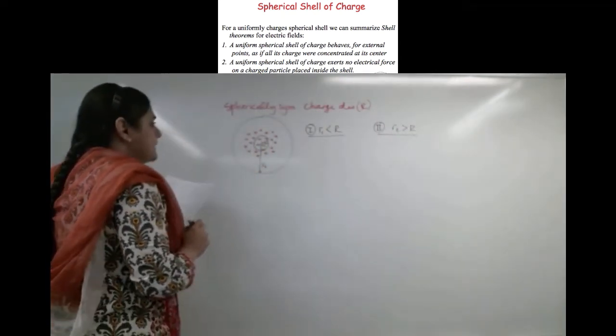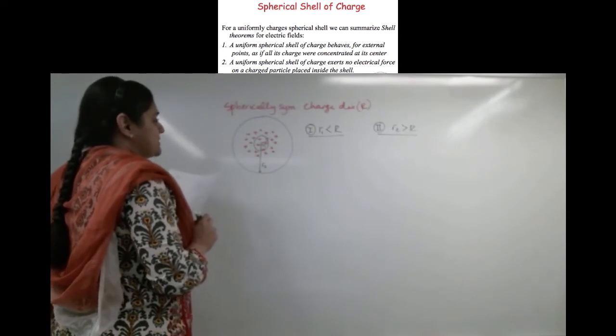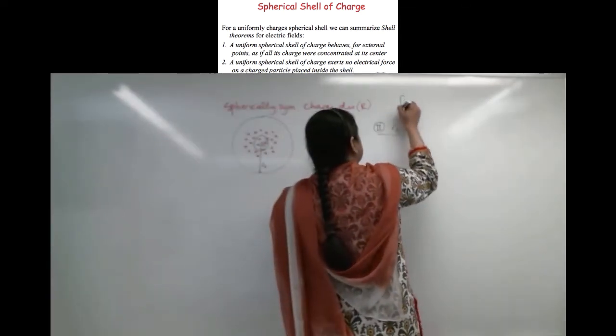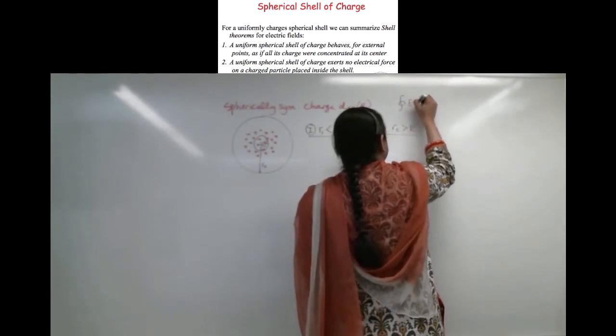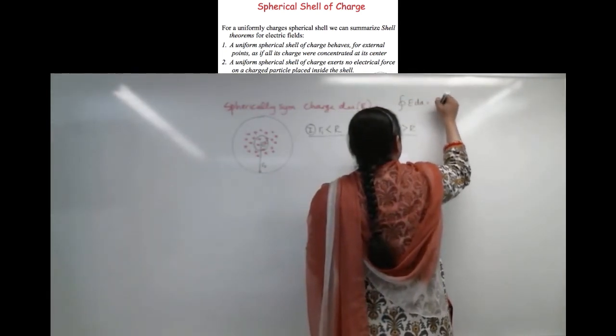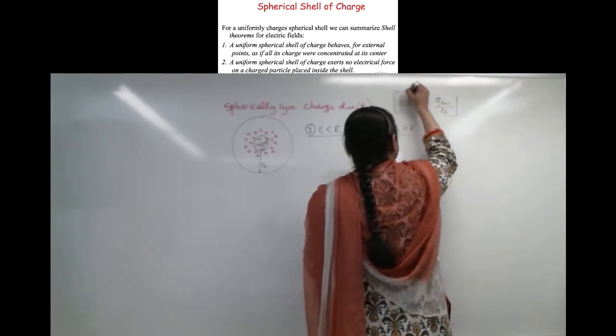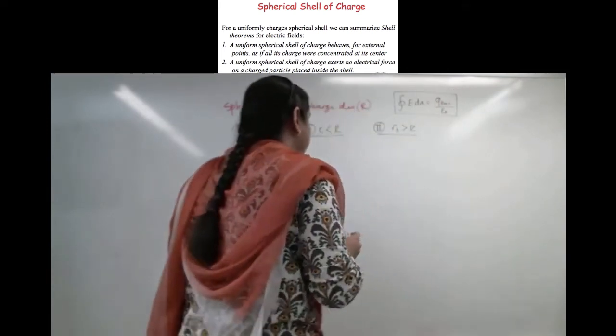Okay, so what is our first step? Because we're using a Gaussian surface, we have to write Gauss's law. So in each of these cases, it's going to be the integral of E dot dA equals Q enclosed over epsilon naught. This is Gauss's law as we know it.